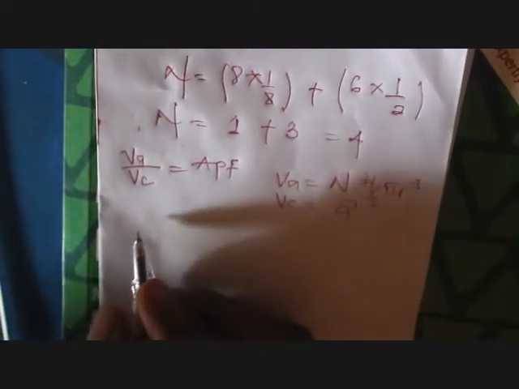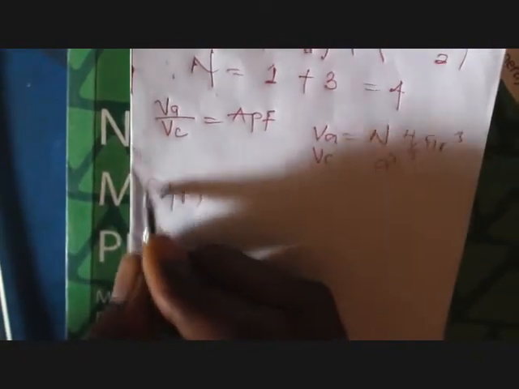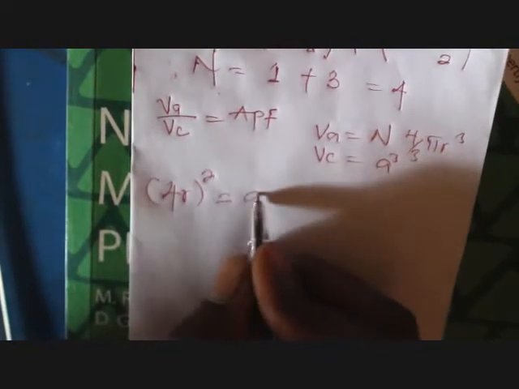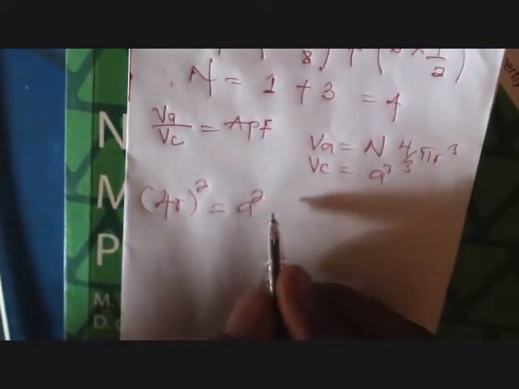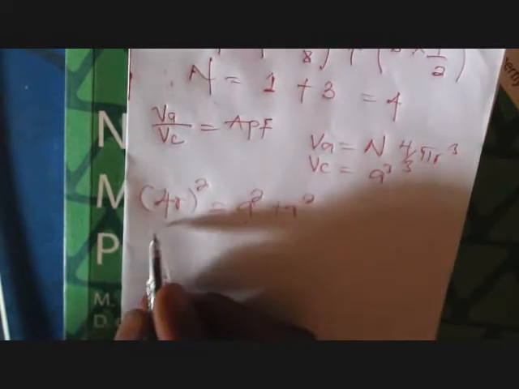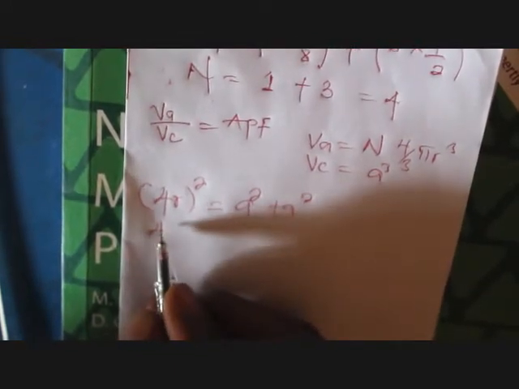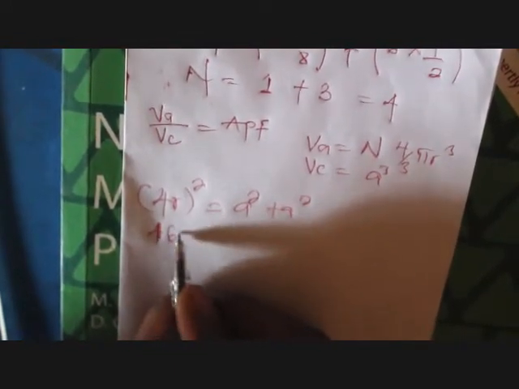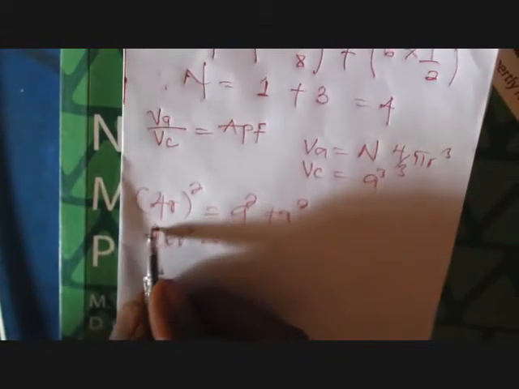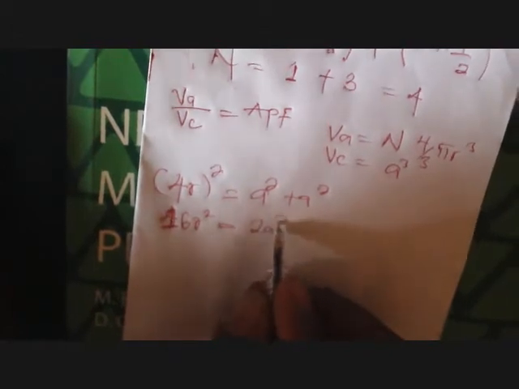Okay, so to find the relationship between a and R, using Pythagoras, 4R all squared is equal to a square plus a square. Therefore, we can just simplify: 16R square is equal to 2a square.